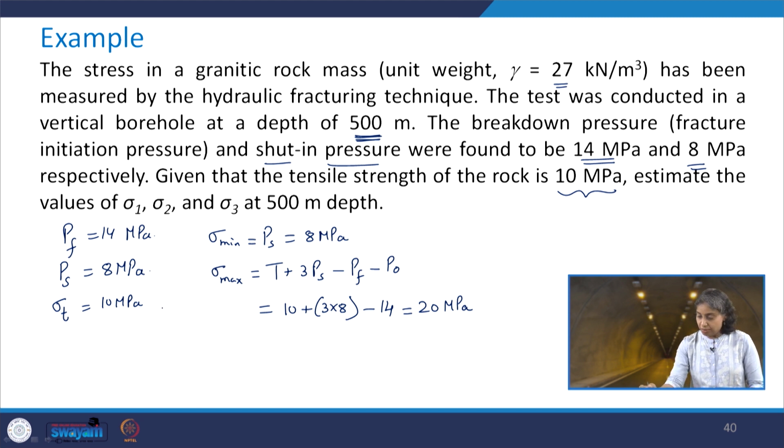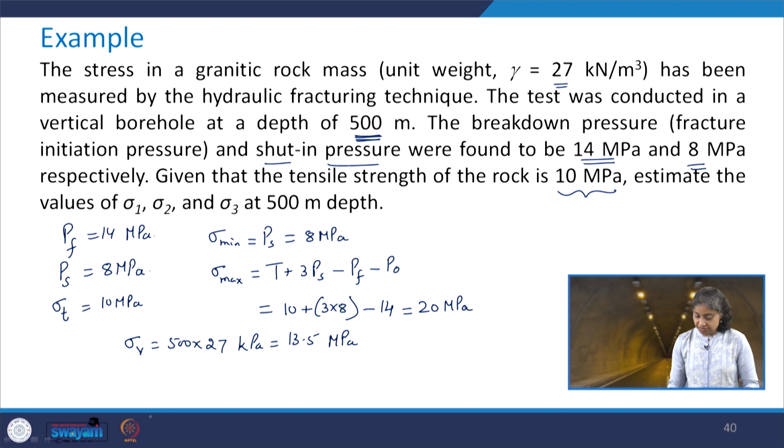Now, since gamma is 27 kilonewton per meter cube, what we will have is sigma V equal to 500 into 27. This is going to be in kilopascal. So, this we can write as 13.5 megapascal, and therefore, sigma 1 is equal to 20 MPa because it is the maximum one.